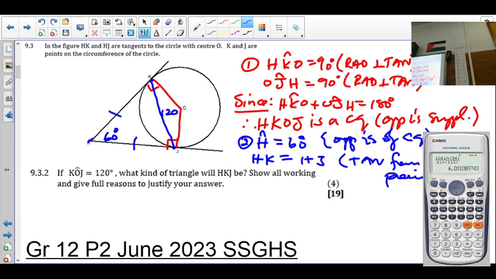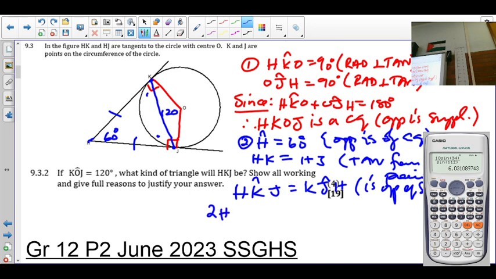Which then results in HKJ being equal to KJH. Why? Because it's angles opposite equal sides. So this angle here will be equal to that angle. So let's work out one of the angles.